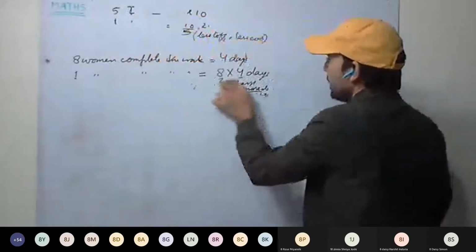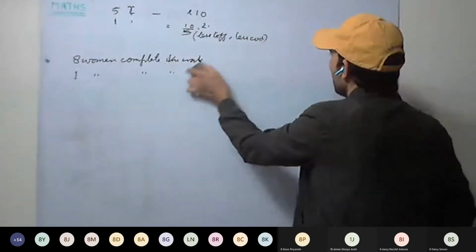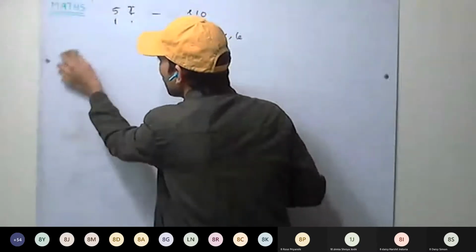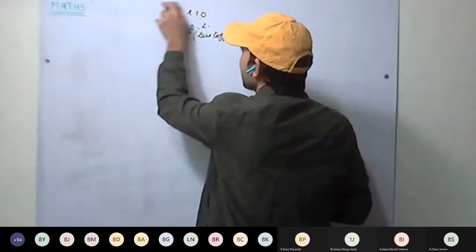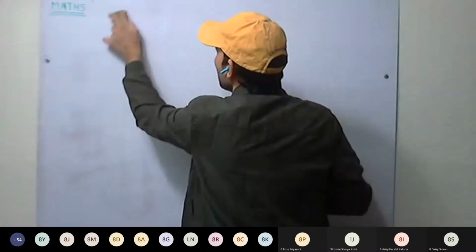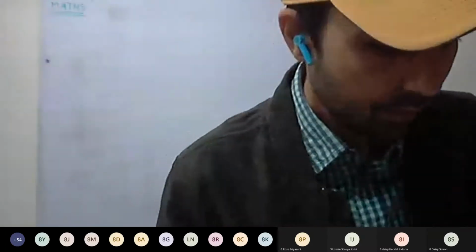Time and work, that is based on inverse variation, where the number of workers increases, the time to complete the work decreases. Okay, read the next question.